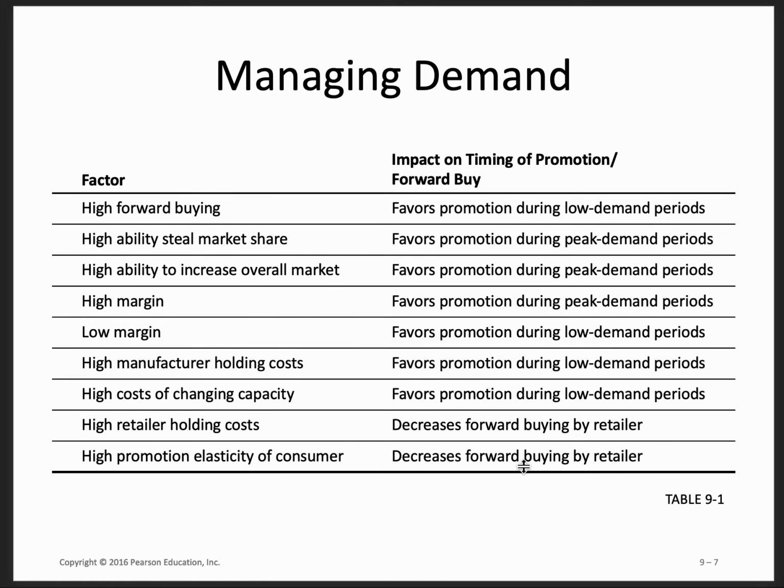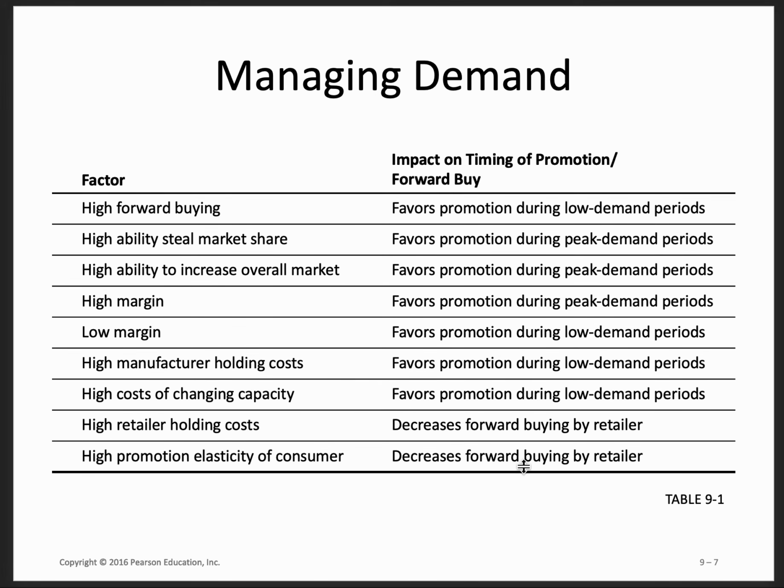Right? So this is the idea behind sales and operations management, which is figuring out when should we give out these promotions. Should we do them in low demand periods, or should we do them in peak or high demand periods, right? So in this video, we looked at the idea of predictable variability, and how you can manage or think about predictable variability by looking at the supply side and the demand side.